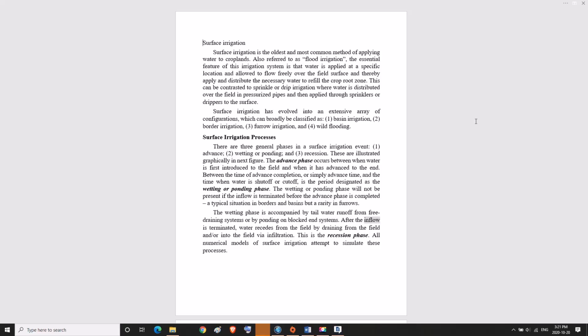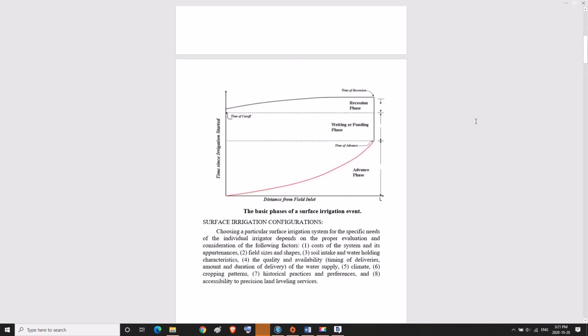After the inflow is terminated, water recedes from the field by draining from the field and/or into the field via infiltration. This is the recession phase. All numerical models of surface irrigation attempt to simulate these processes. The basic phases of a surface irrigation event.